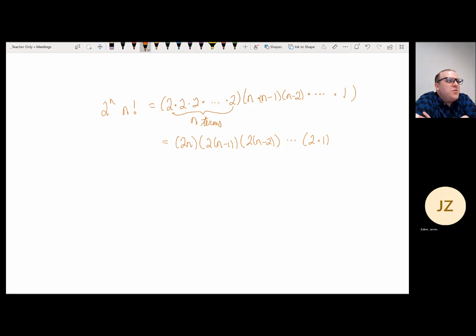Pair a 2 with each term in n factorial. 2n, 2n minus 2, 2n minus 4, 2n minus 6, 2n minus 8, right? All the way down to just 2, which is the very definition of 2n double factorial.